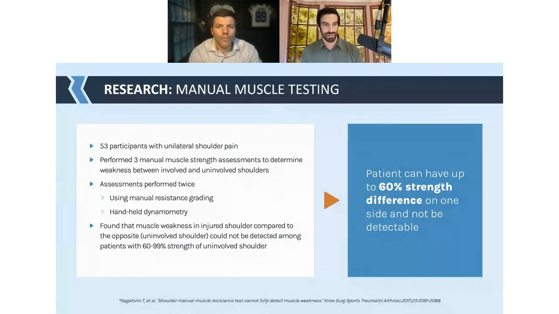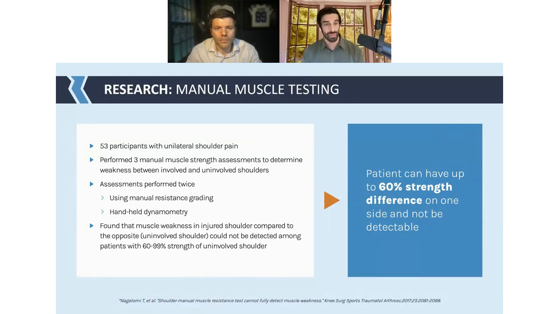This was a study by Nagatomi and colleagues, and they looked at 53 participants that had unilateral shoulder pain, and they performed 3 different strength assessments. They took a look at manual resistance grading, so just a typical manual muscle test, and compared that to handheld dynamometry. And here's what was really interesting, and there are multiple studies that show this.